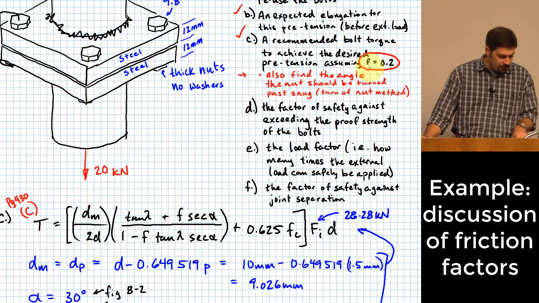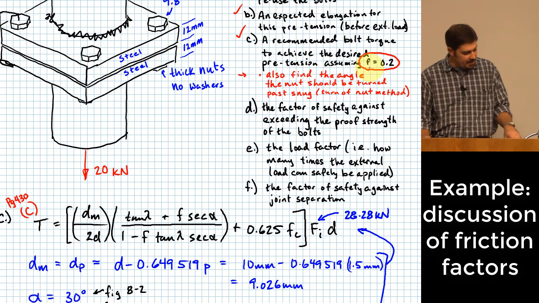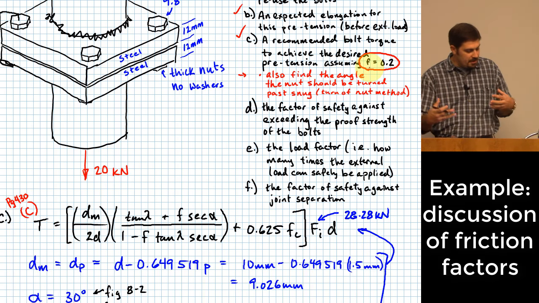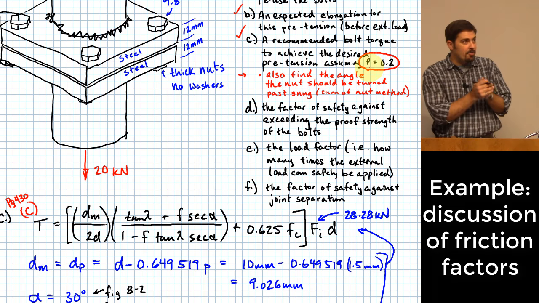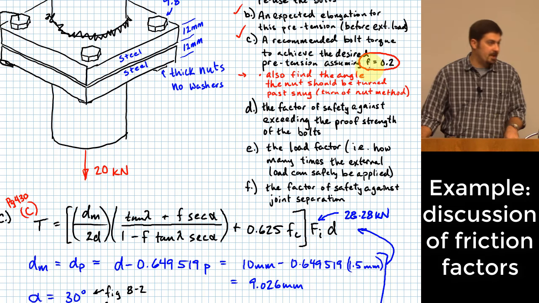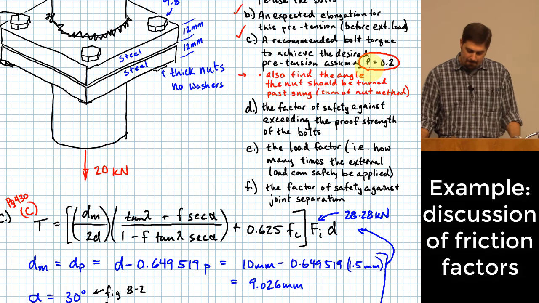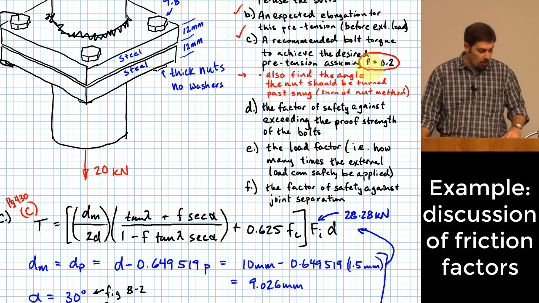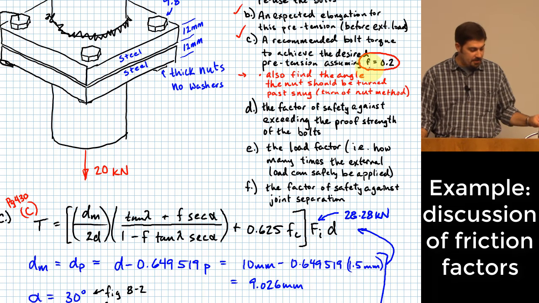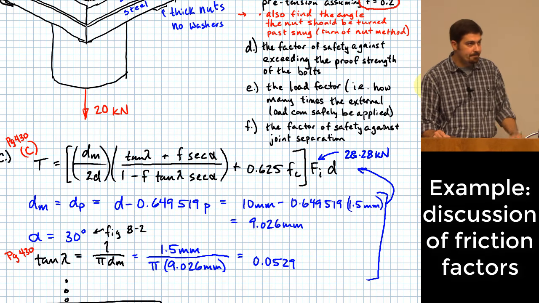That actually refers to the equation right after the one that I used here, where it encapsulates everything friction and bolt geometry oriented into one factor, and you then just use that one factor times the preload times the diameter to get bolt torque. So that's one of the ways you can get information like this, but if instead you have friction factors, you can use those like I did.